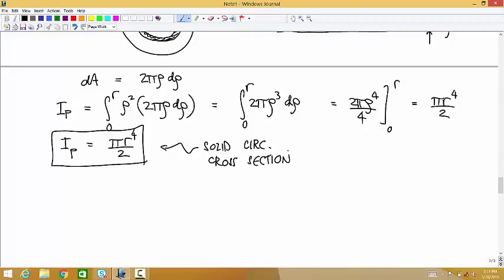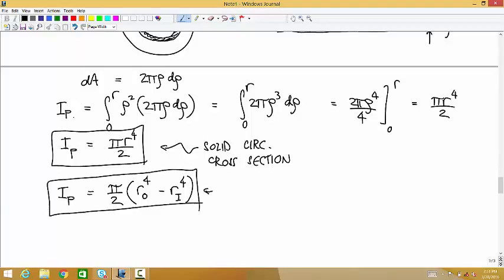You could use this same approach to calculate it for a hollow circular cross-section, and you'd get I sub p is equal to pi over 2 times the quantity r outer to the fourth minus r inner to the fourth. And that's for a hollow circular cross-section.